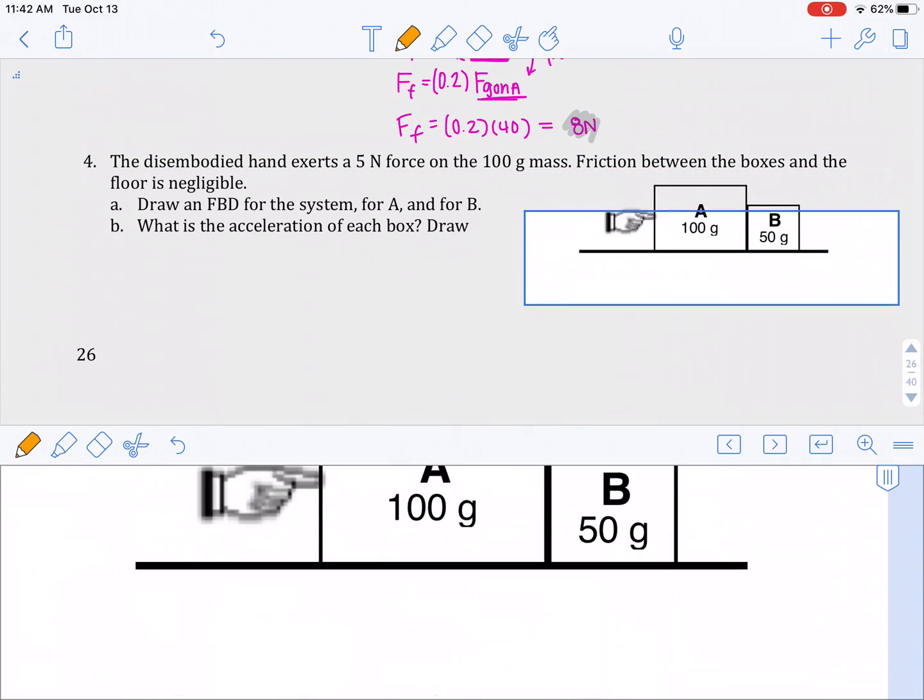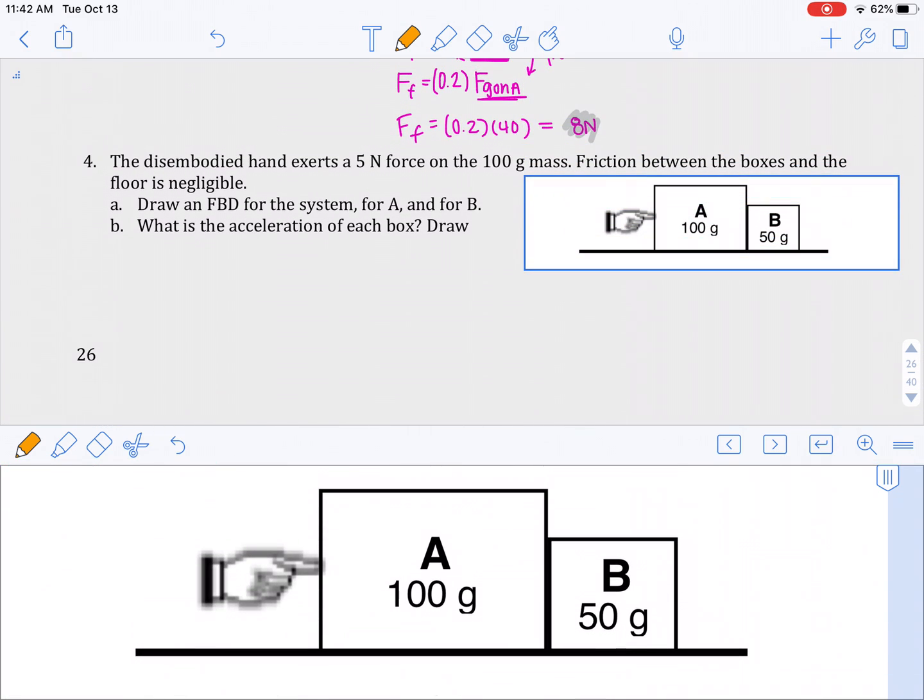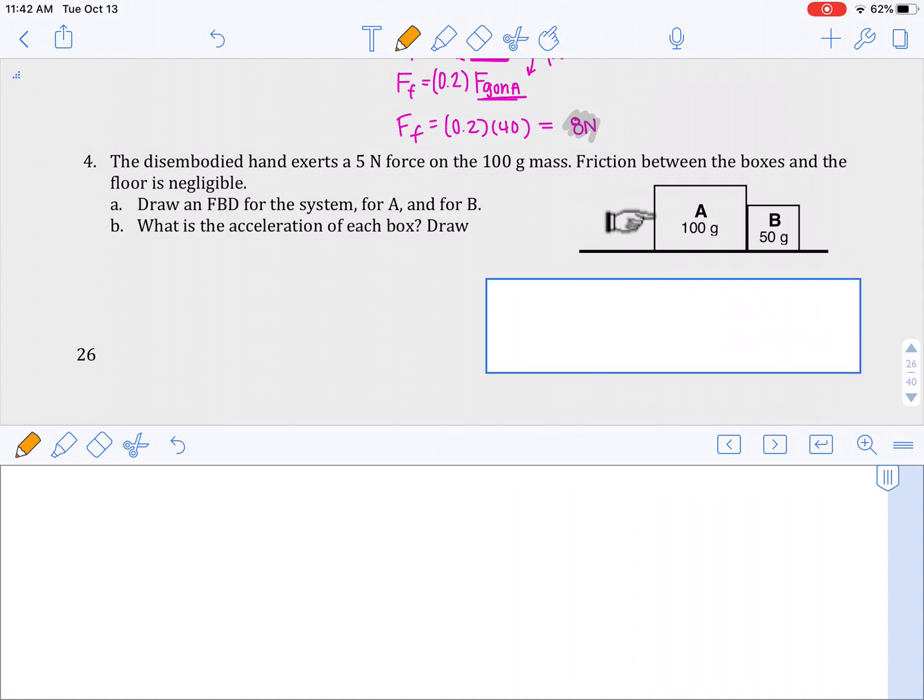Okay, last thing I want to talk about is problems like this. So when you have a system that you're pushing A directly, so this is the force from the hand on A. Is the hand pushing B?